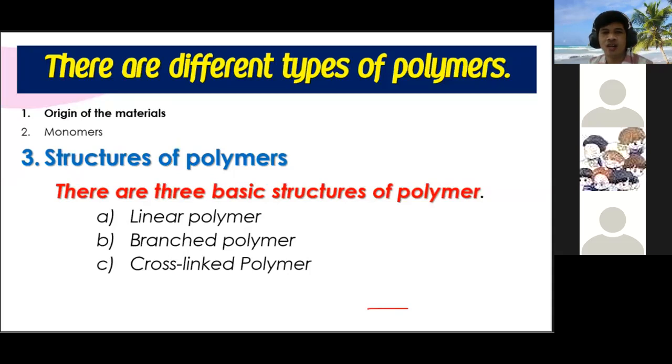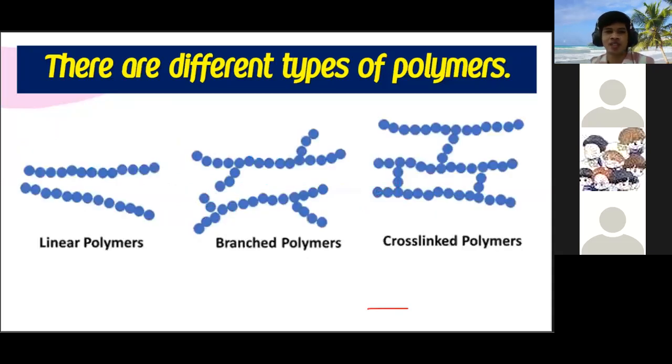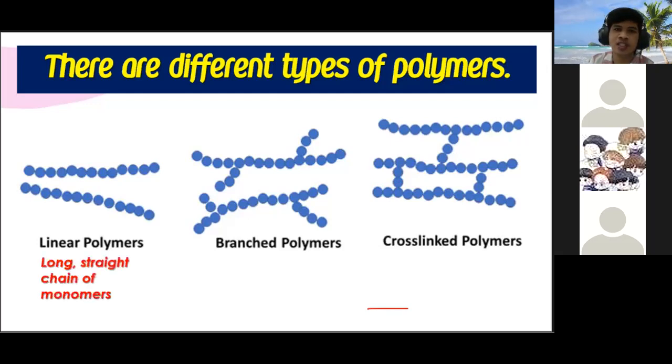This is how the 3 types of polymers look. Linear, branch, and cross-link polymer. So what do they mean? How do we differentiate them? Linear polymers are long straight chains of monomers.